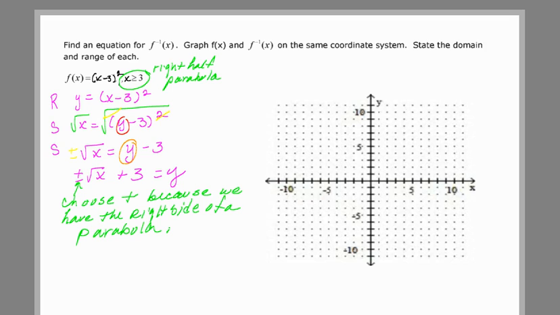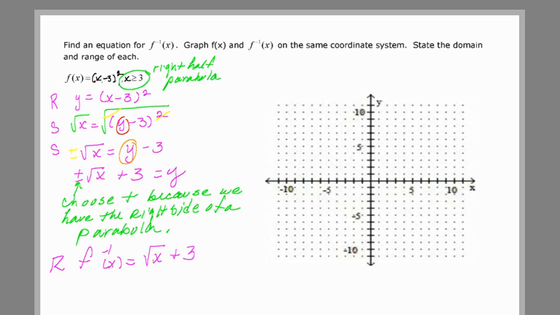If we were considering the left side of the parabola, we would have to choose the minus in this case. So now let's list out our inverse. F inverse of x is going to be equal to the square root of x plus 3, the positive version of the square root of x. There's our equation. Now let's go over here and graph both of them on a coordinate system.